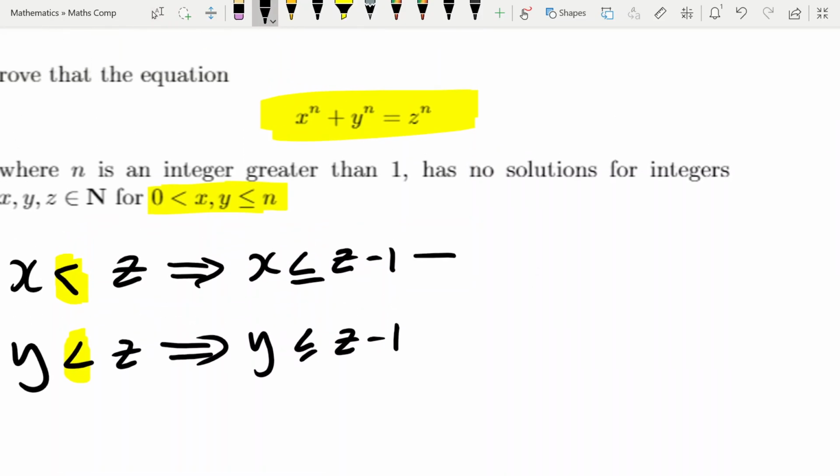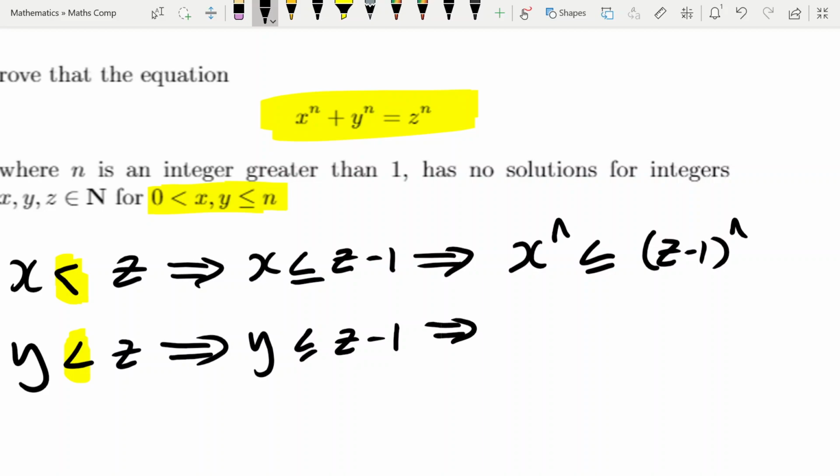So furthermore, we can raise both of these to the nth power, and because we know both of these are positive and greater than 0 and they're natural numbers, we know the inequality will stay the same, it won't flip, and we can say the following thing. x to the n is less than or equal to z minus 1 to the n.